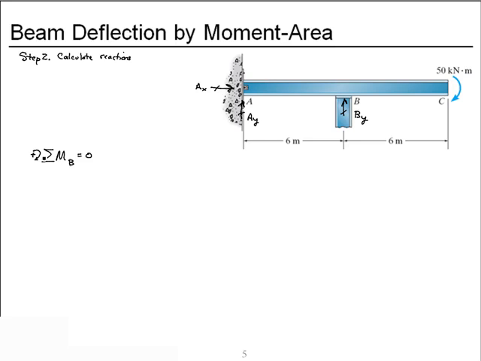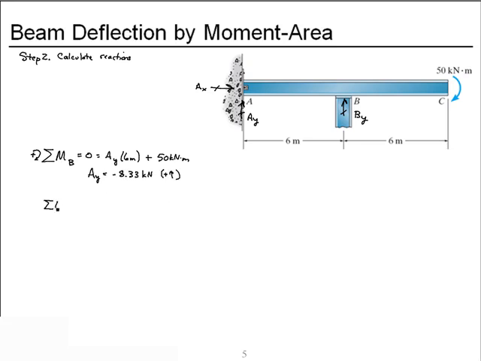I'll choose clockwise as positive, since each of the components, AY and the couple moment applied at the end, are both in a clockwise direction. Solving for our unknown reaction AY, we get a negative 8.33 kilonewtons. It is not up like we originally drew.